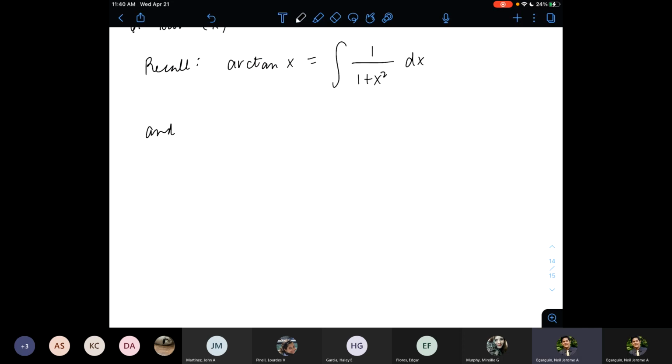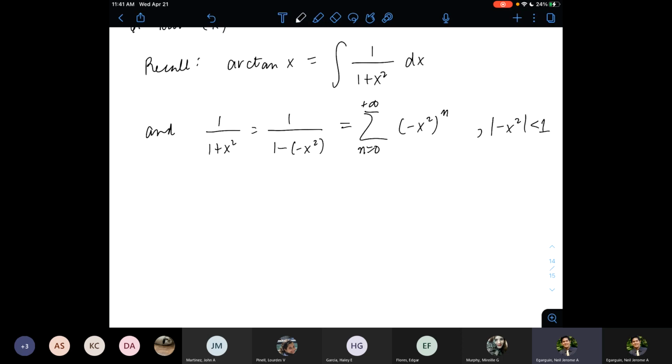And we also knew from above that 1 over 1 plus x squared can be rewritten as 1 over 1 minus negative x squared, right? And so its series expansion would be the sum from 0 to infinity, where a is 1 and the common ratio is negative x squared, whenever the absolute value of negative x squared is less than 1.